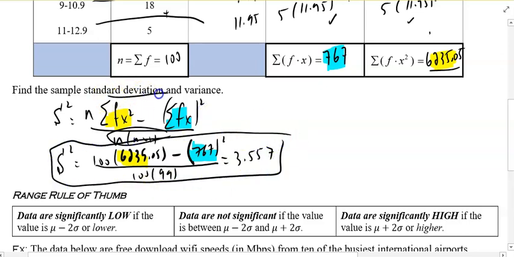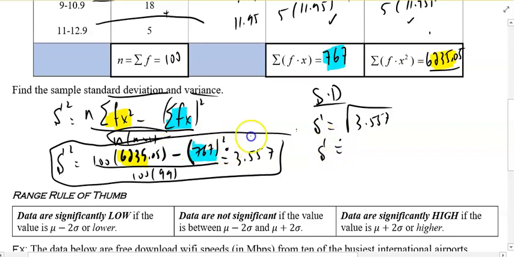If they want to know what the standard deviation is, standard deviation would be the square root of 3.557. And this is an approximation, right? Anytime you approximate, you put the dot or the squiggly line.